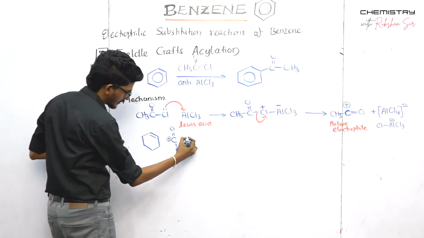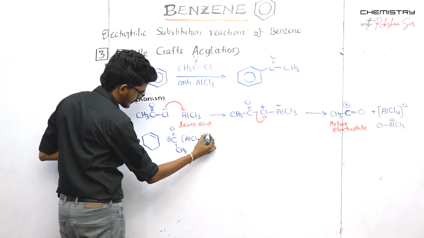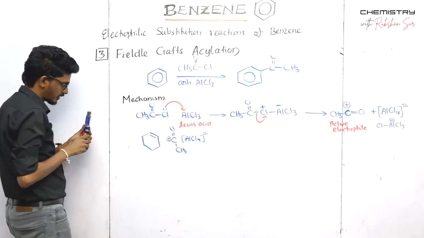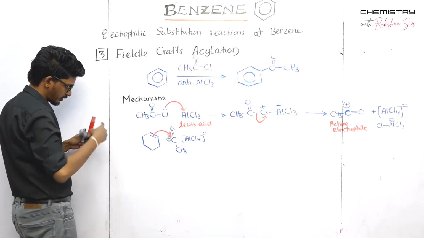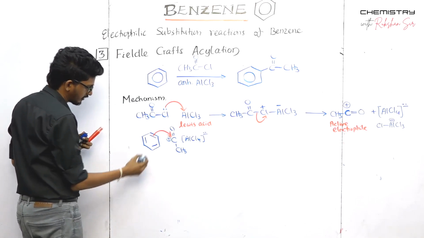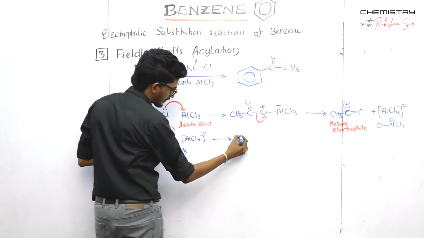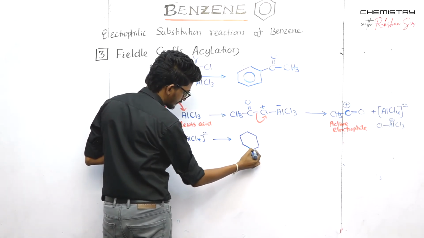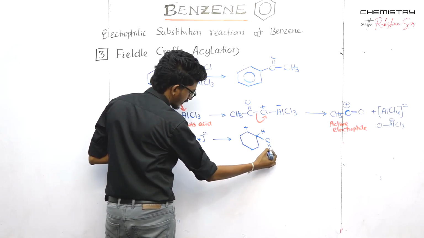With that, AlCl4 minus is also there. So the ring attacks like this. You should have these bonds as well. So we'll come with this: hydrogen here, and this guy connects to here.